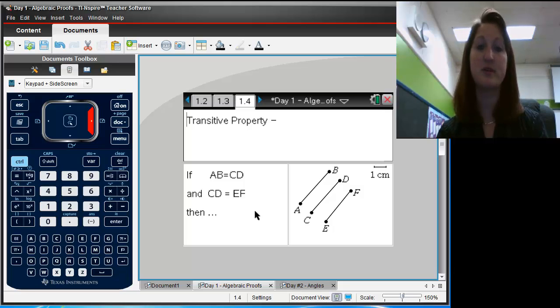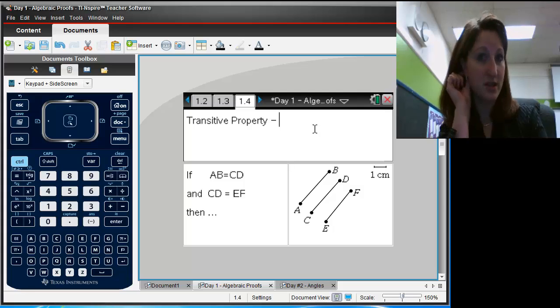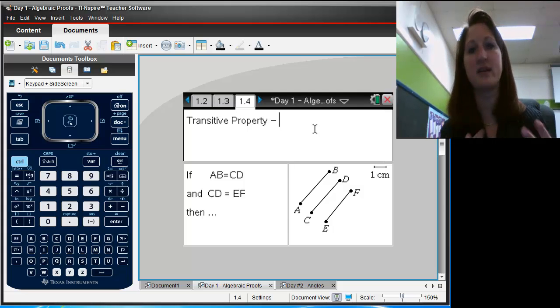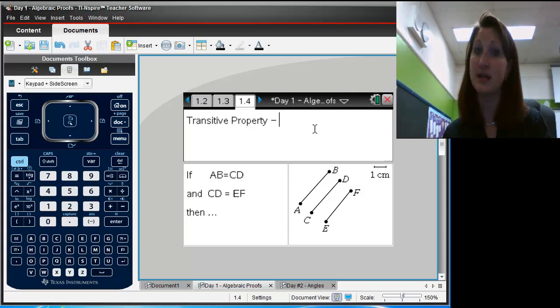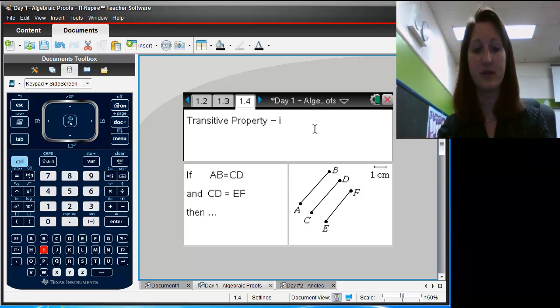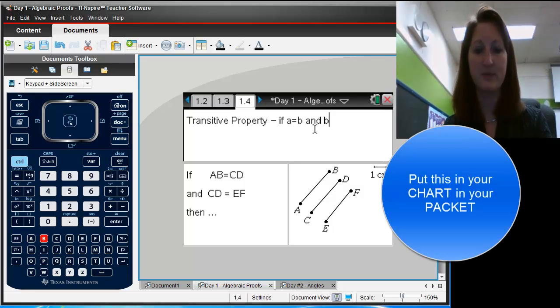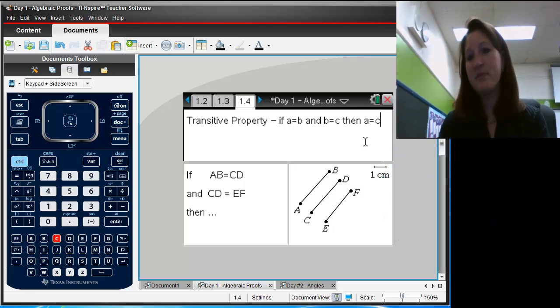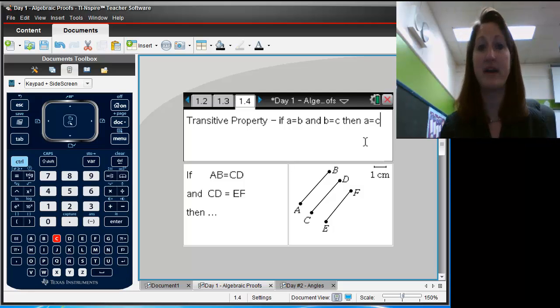Alright, transitive property is probably the one that we will use the most. That one says, and this one I'm actually going to put in if-then form. The other 2 are kind of just straightforward statements, but this one you can actually put in if-then form. If A is equal to B and B is equal to C, then A is going to be equal to C. So A, B, and C can be whatever. They can be sides, they can be numbers, they can be values, they can be angles, it doesn't matter.